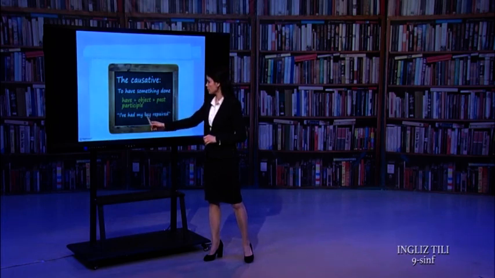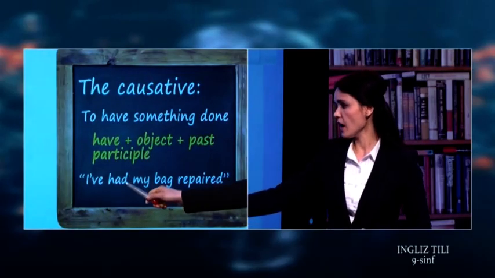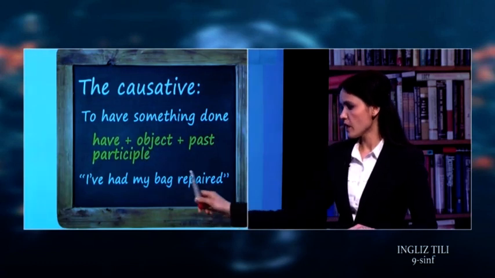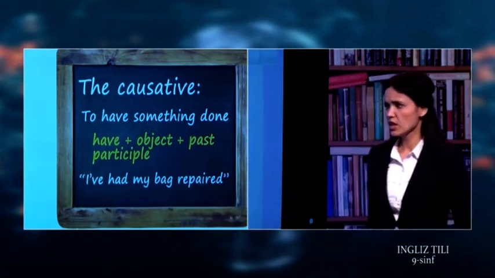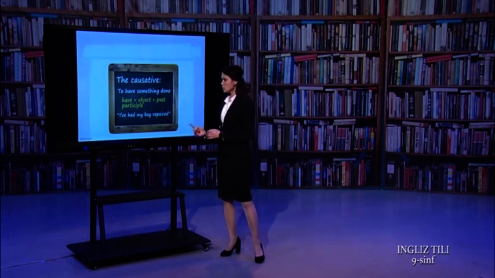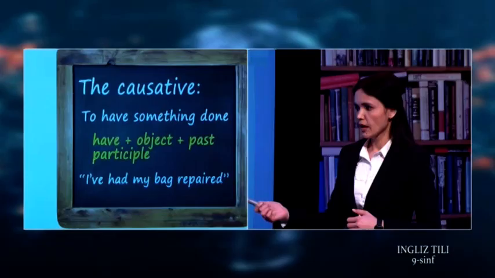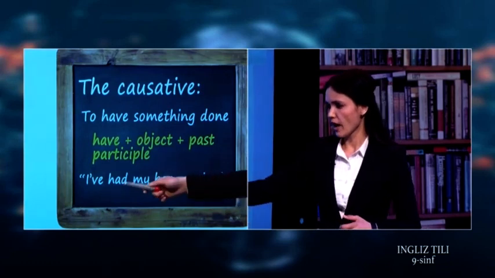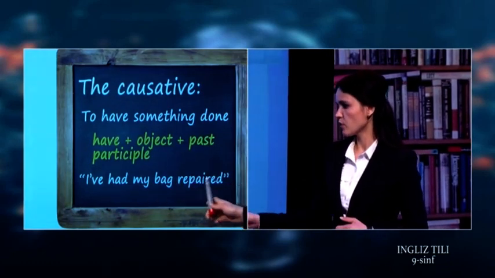So let's give you an example: I have had my bag repaired. In this sentence, that means I can't repair it myself, and I asked somebody to help me repair it. And then I use this structure, have had my bag repaired.